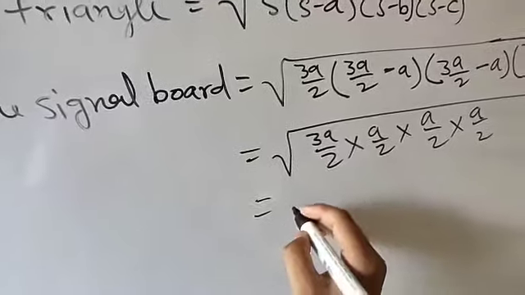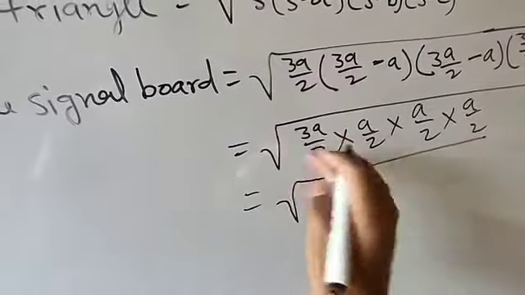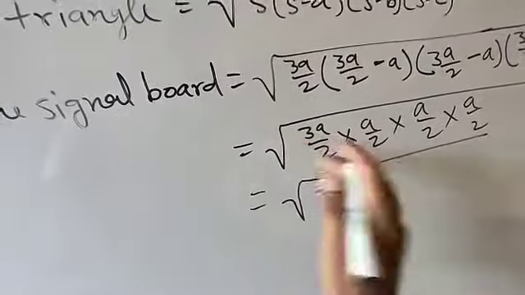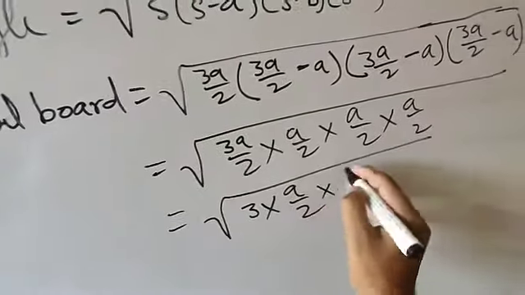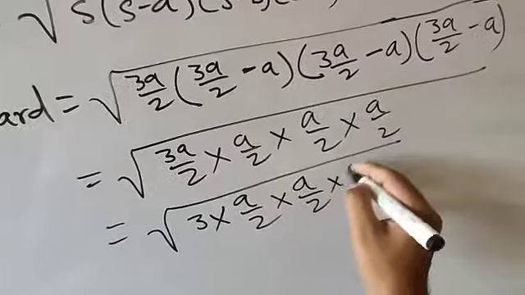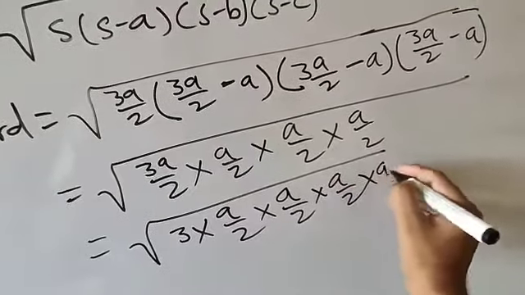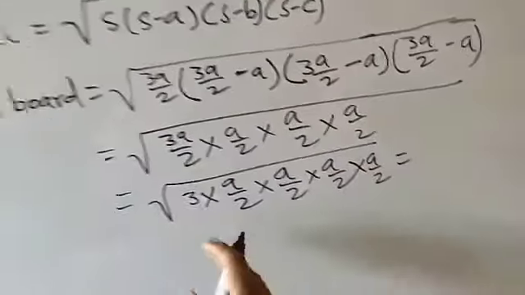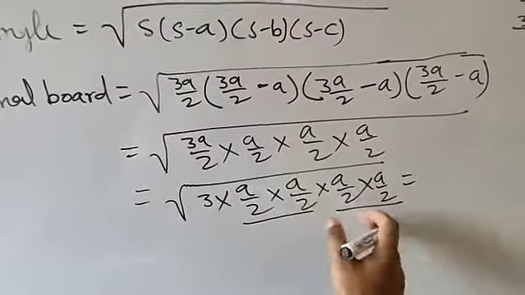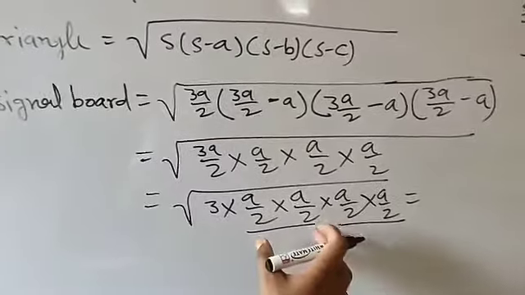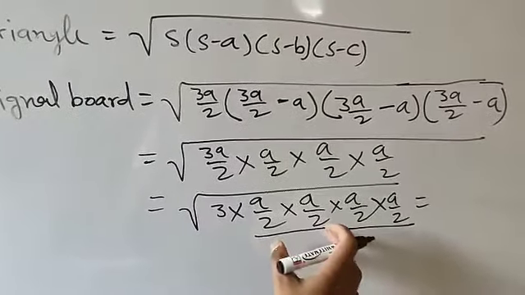Now 3A by 2 can be written as 3 into A by 2. So it is root of 3 into A by 2 into A by 2 into A by 2 into A by 2. Now here you can find A by 2 and A by 2 are in pairs inside the square root. So out of each pair you will take one value.